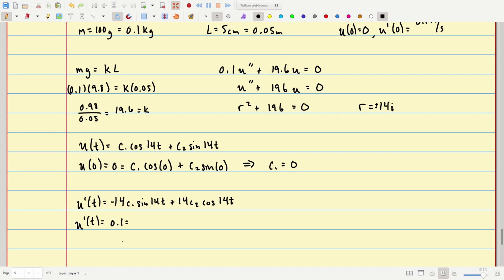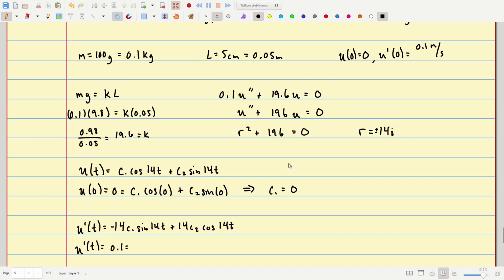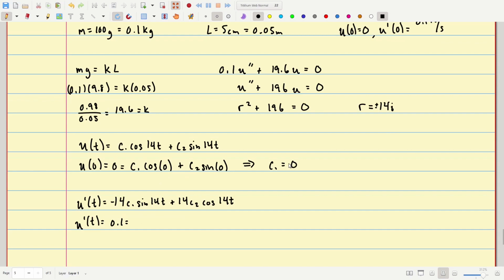It's supposed to be 0.1 because of the unit conversion that we did that is slightly off screen at the moment. Okay, and we plug in 0. Sine of 0 is 0. I'm going to go ahead and skip writing that down because we don't need to worry about it. And we're going to have cosine of 0, which is 1, so we end up with this.